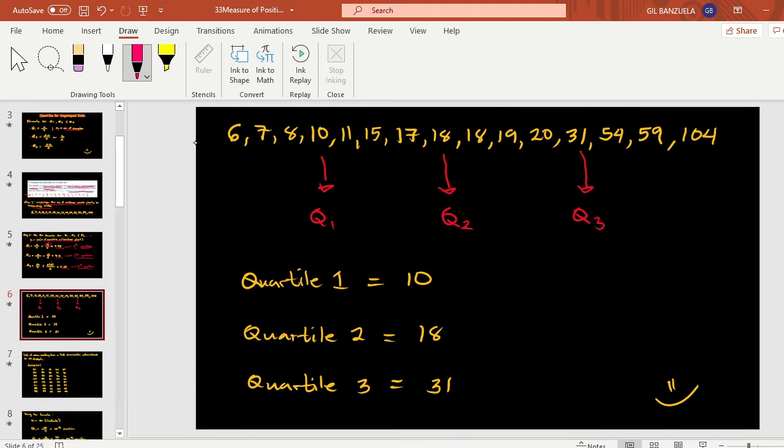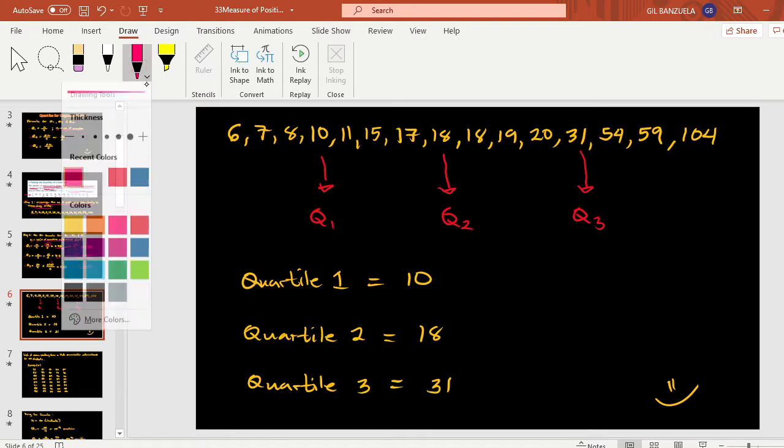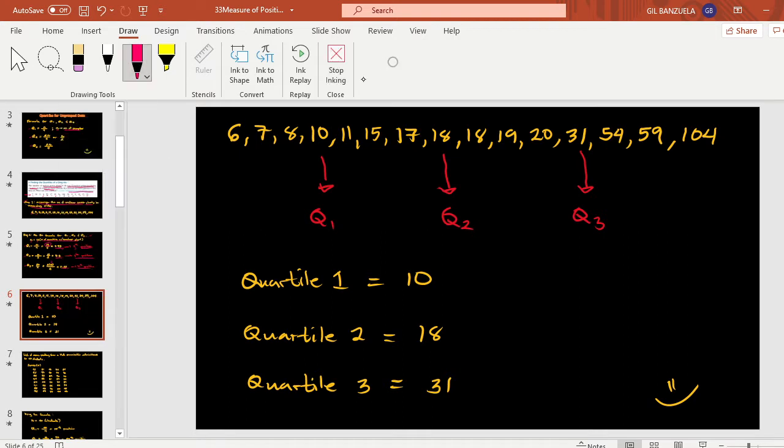Now going back to the list of the number of power plants in each country, arranged from smallest to highest. Quartile 1 is at the 4th position, quartile 2 is at the 8th position, and quartile 3 is at the 12th position.